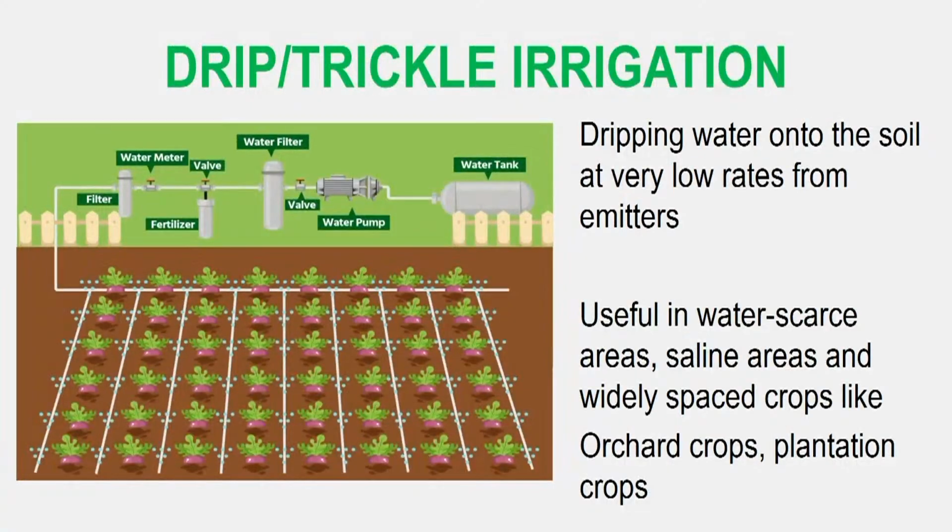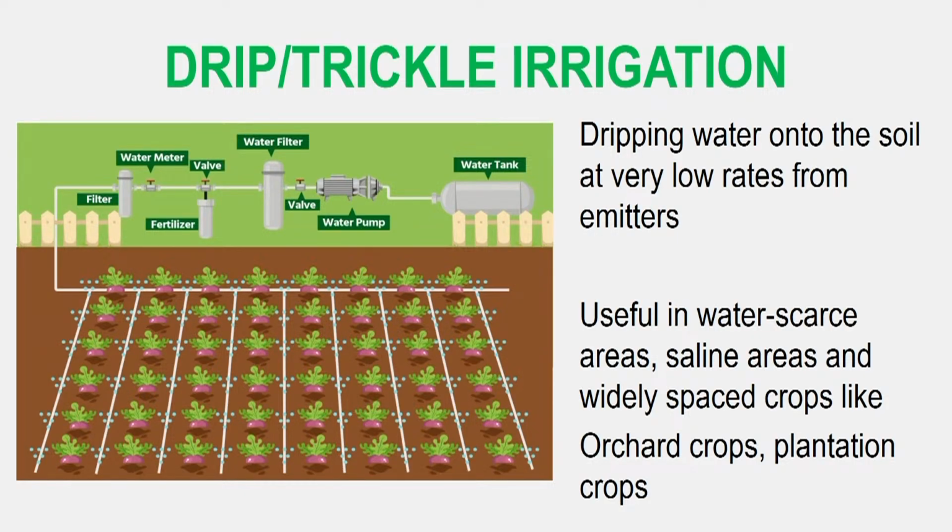Now next comes drip or trickle irrigation. This drip or trickle irrigation was invented by Simcha Blass from Israel. Here, with the help of a dripper or emitter, the water is applied into the soil or root zone of the crop at a very low rate. The water is applied in the form of drip by drip.